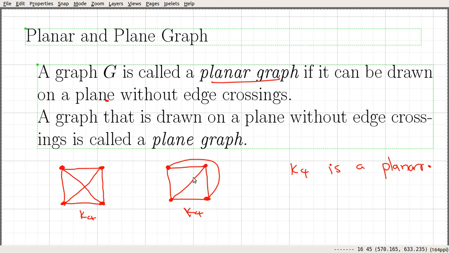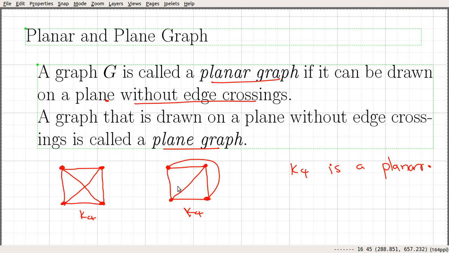So we could draw K4 in a plane in such a way that there are no edge crossings, so a graph is called a planar graph if it can be drawn on a plane without edge crossing. Another important definition is a plane graph. A graph that is drawn on a plane without edge crossing is called a plane graph. So it's a drawing of a planar graph in such a way that there is no edge crossing.